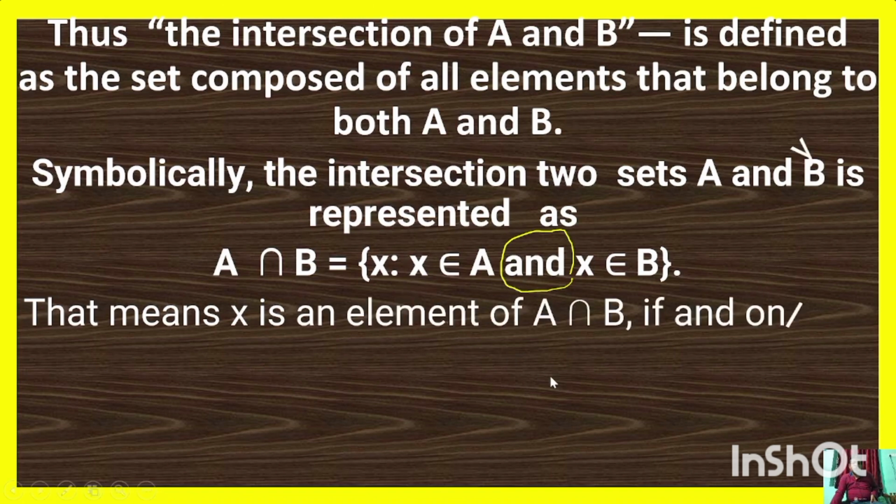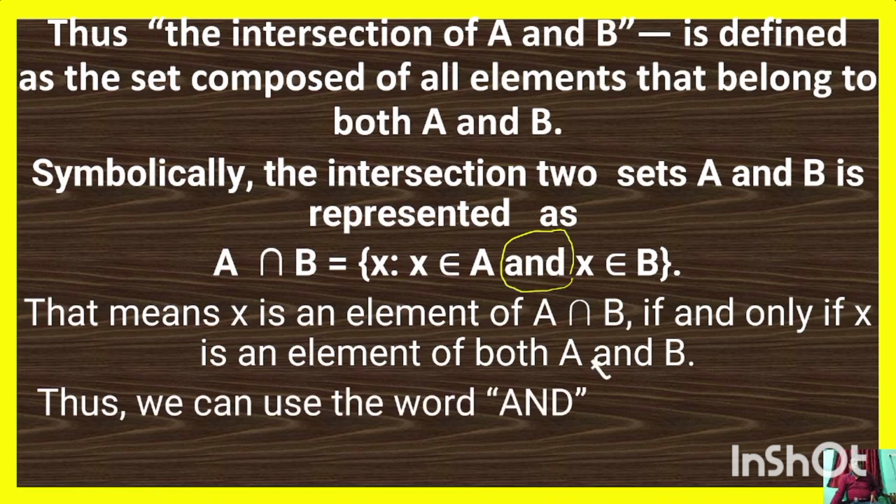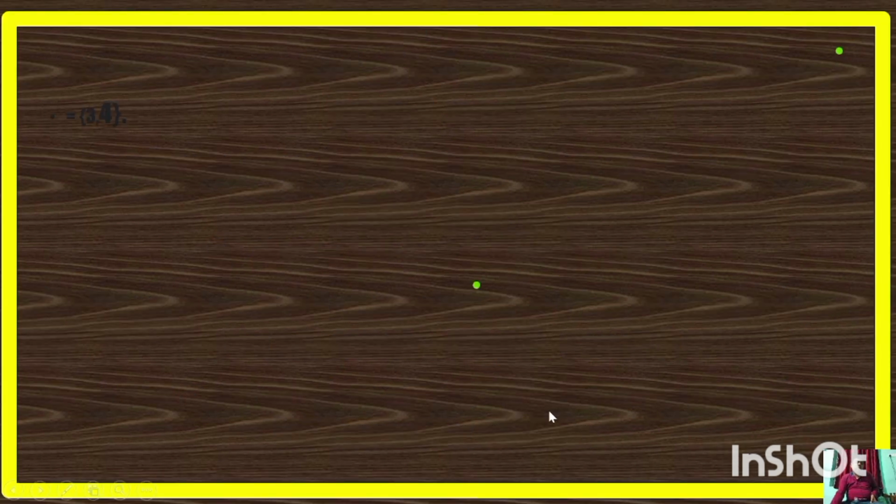Suppose X is an element of A intersection B if and only if X is an element of both sets A and B. Very important concept. So remember, for the intersection you use the operator AND. Those are the common elements.